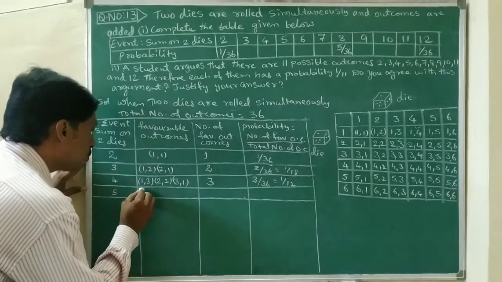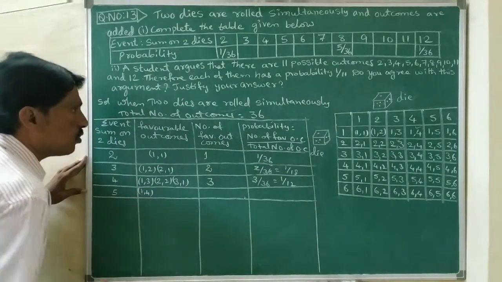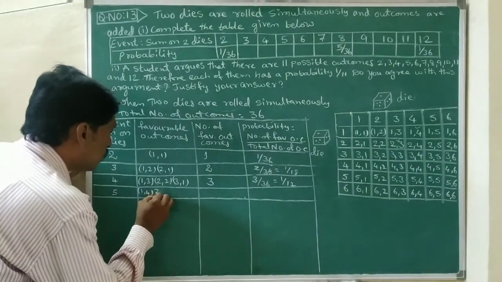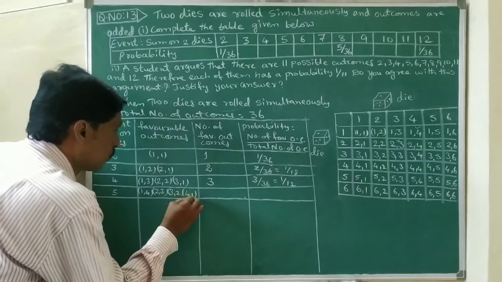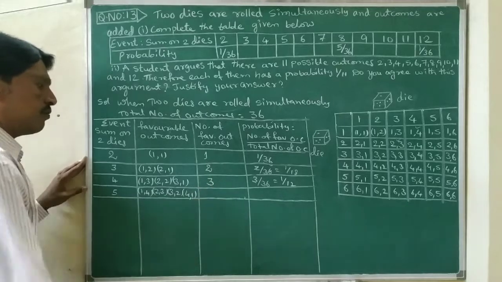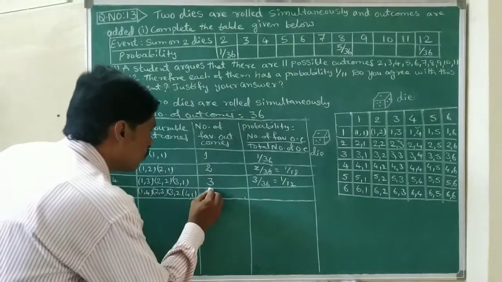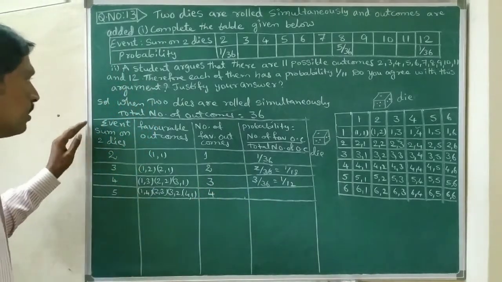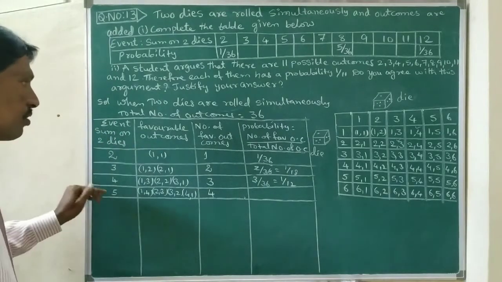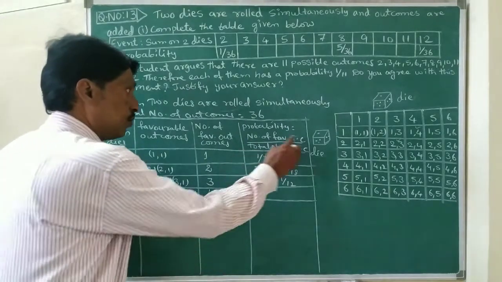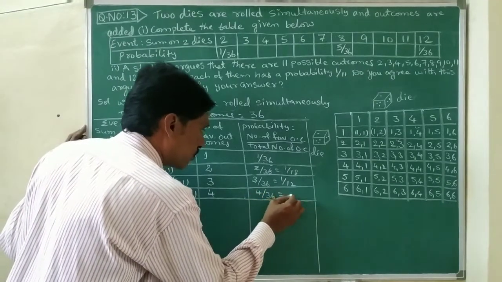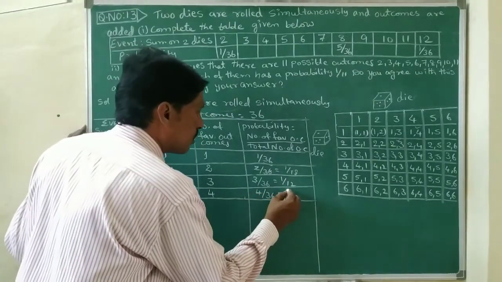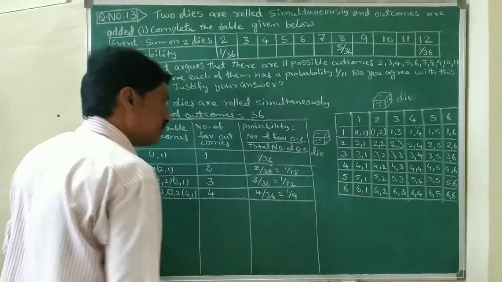Means favorable outcomes will be 1 comma 4, 2 comma 3, 3 comma 2, 4 comma 1. Total number of favorable outcomes is 4. Probability of getting a sum of 5 is 4 by 36, means 1 by 9.